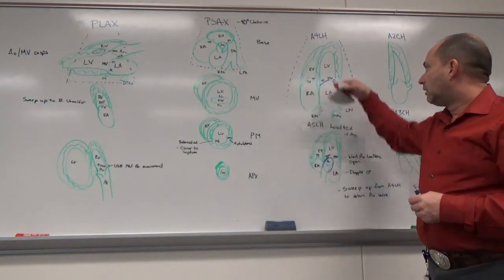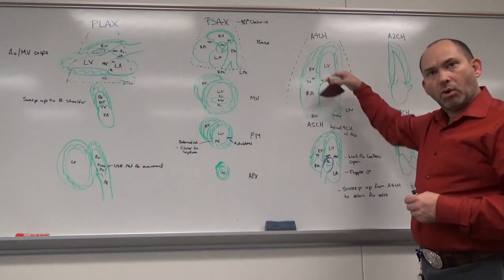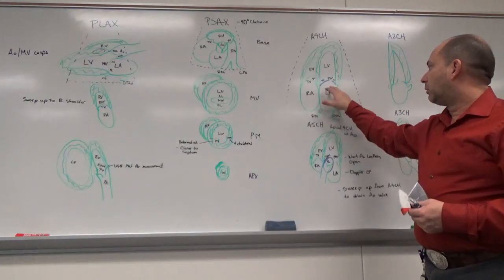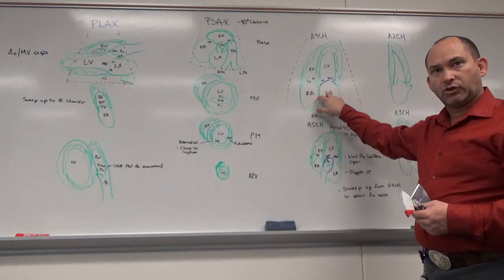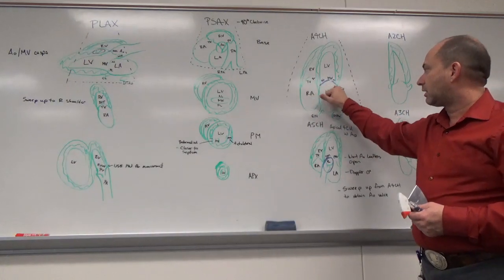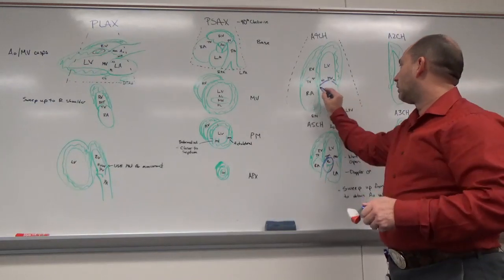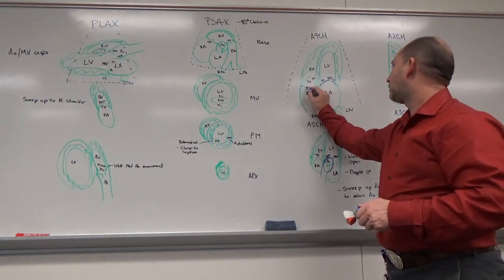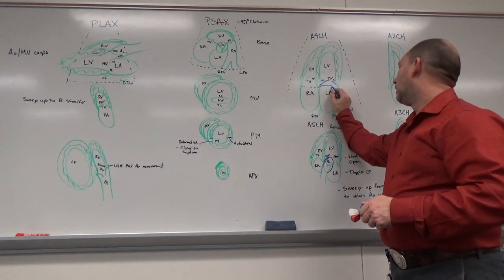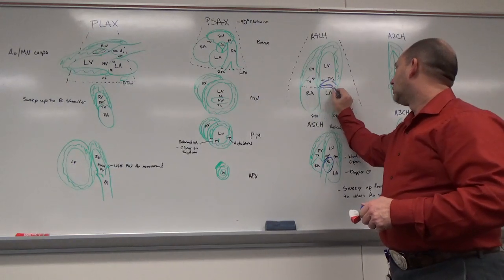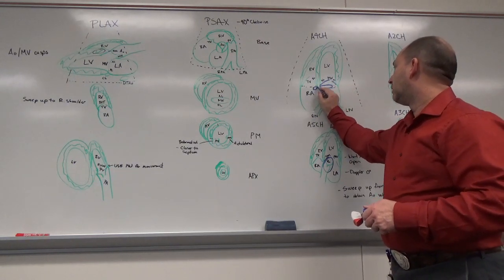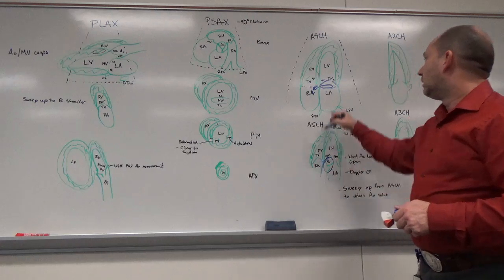And if I sweep back even more posteriorly, we start to lose the atria, and then what comes across the back here is a nice long coronary sinus that wraps around the whole back of the heart, wraps around the left side, and then dumps into the right side here.